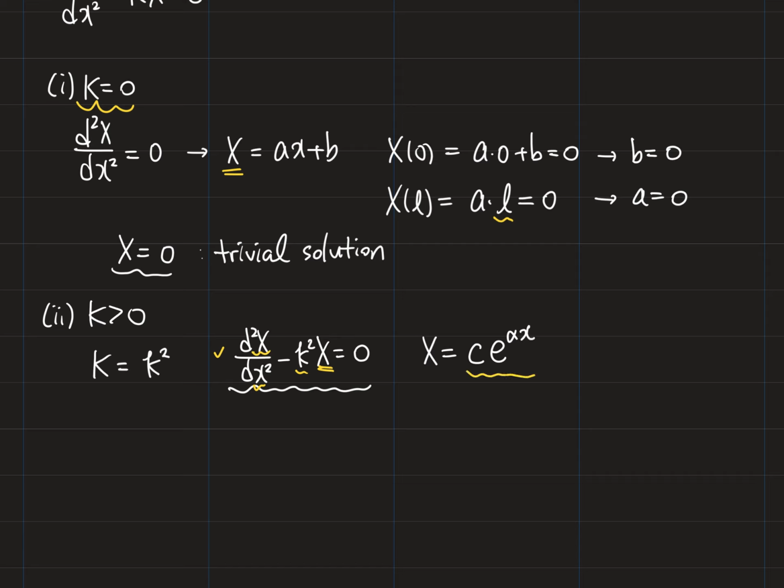This is some feasible solution for this ordinary differential equation. So let's plug this solution into the ordinary differential equation, and we can find the value of alpha. You will realize that there are two possible values for alpha, which are plus and minus k.